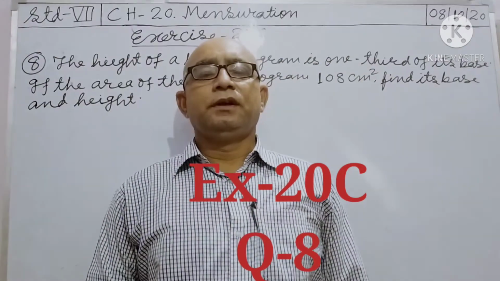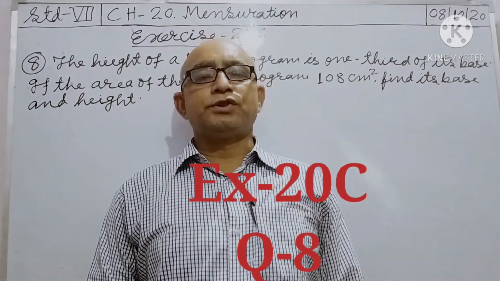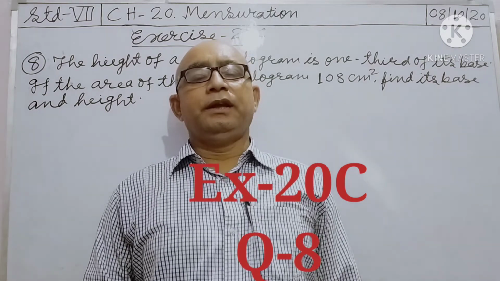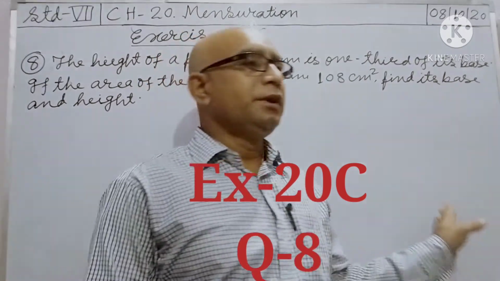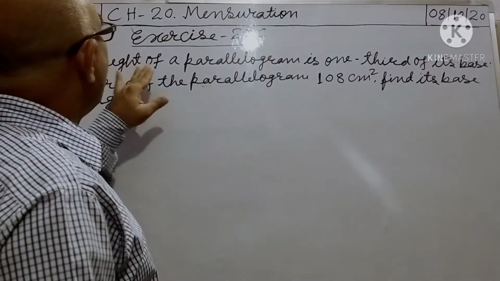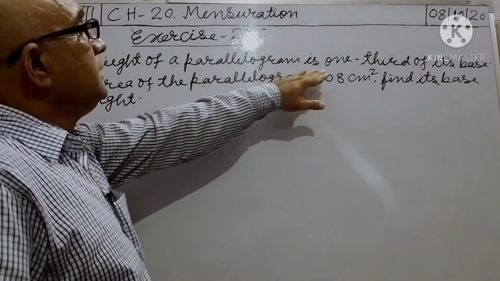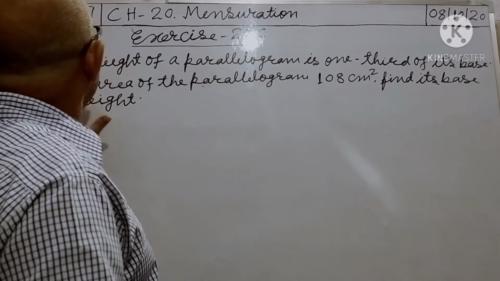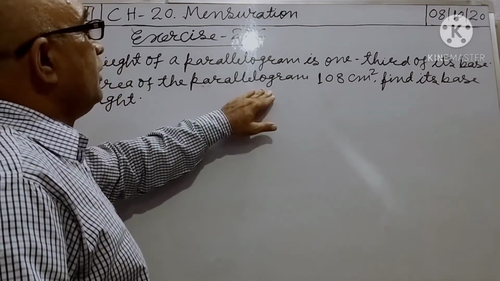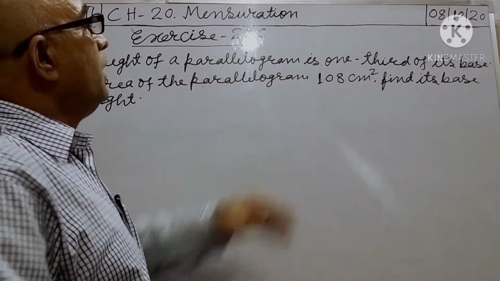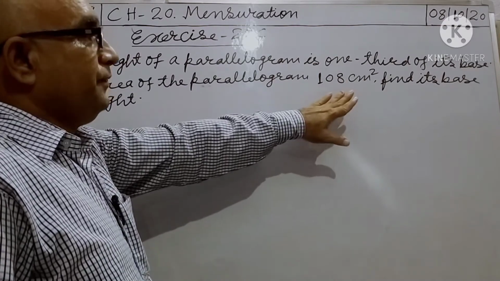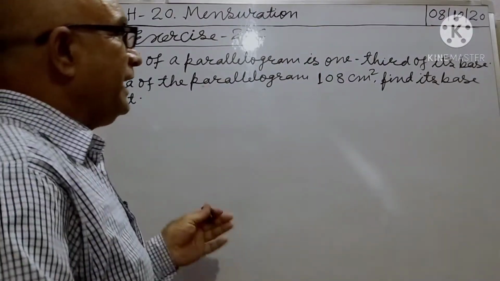Students, next question is question number 8 of exercise 20C. Today it is last question also. In this question, the height of a parallelogram is 1/3 of its base. If the area of the parallelogram is 108 cm square, find its base and height.